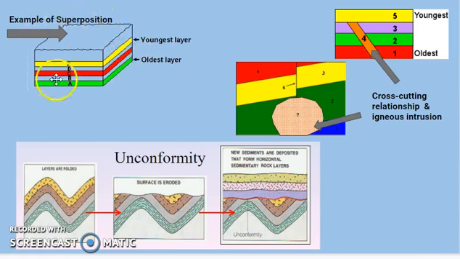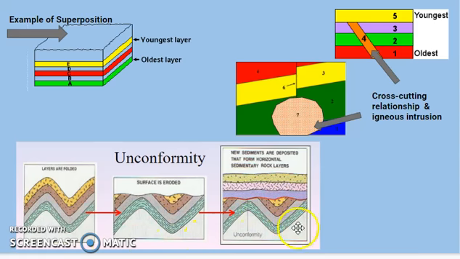Here's superposition again, showing the oldest layer on the bottom and youngest on the top. Moving over here, some neat examples of igneous intrusions. See layers 1, 2, and 3, they were there first, and layer 4 popped through right there. And then we can have these layers that were in existence, and 7, this large magma plume kind of popped in here after the other layers had formed.